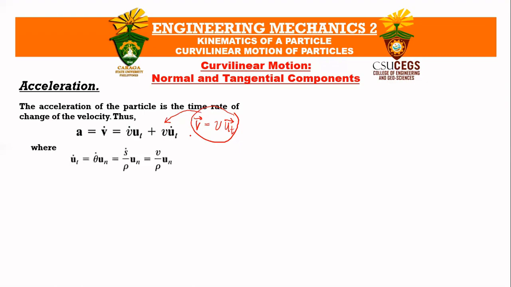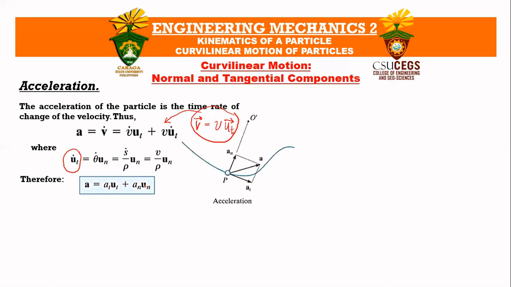the time derivative of the unit vector ut, or we have this ut dot, this one, has its equivalent expression, and therefore the simplest form of the acceleration is equal to at, or the tangential acceleration, times the unit vector ut plus the normal acceleration times the unit vector un, where the tangential acceleration is the time rate of change of the velocity, or the first derivative of the velocity, which is v dot, or using the third kinematic equation, which is at ds is equal to v dv.